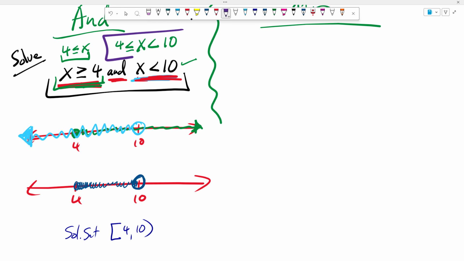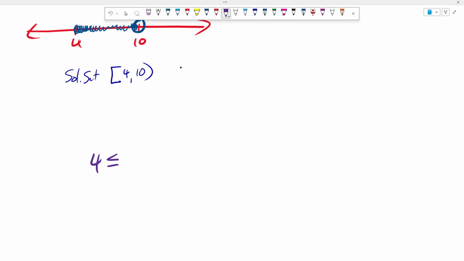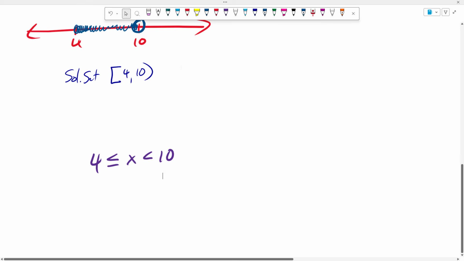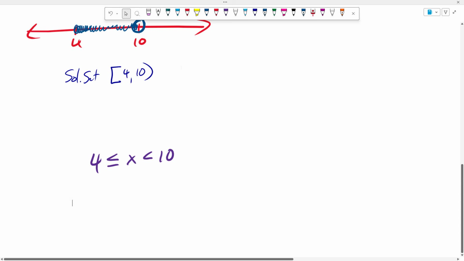So if you ever see something like this, that's a compound inequality. 4 less than or equal to x less than 10. This is two inequalities in one, a 2 for 1. If you ever see two inequalities in one, it's a compound AND inequality.